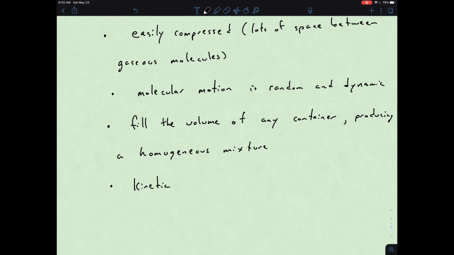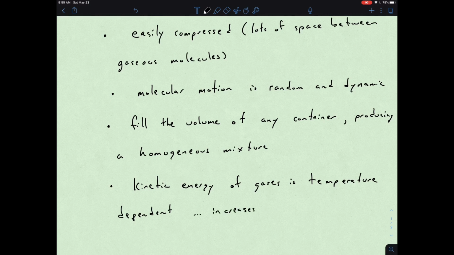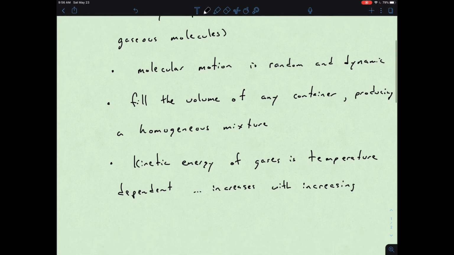The kinetic energy of gases is temperature dependent. Increases with increasing temp.